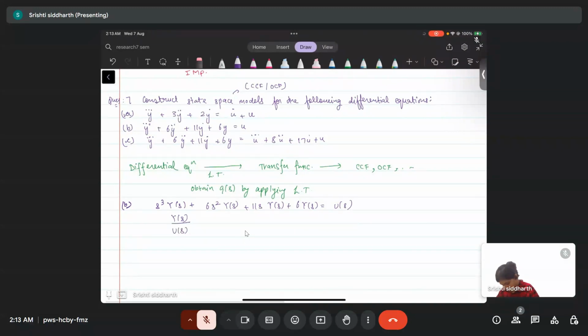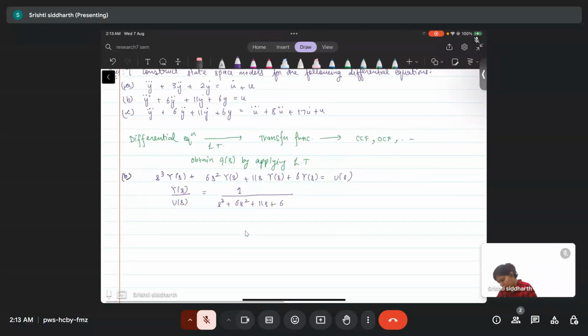So this is going to be 1 over s cube plus 6s squared plus 11s plus 6. Okay, so we have the transfer function now. Let's check this is in the standard form, and that this is strictly proper.